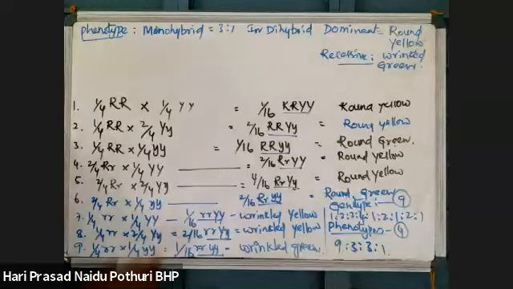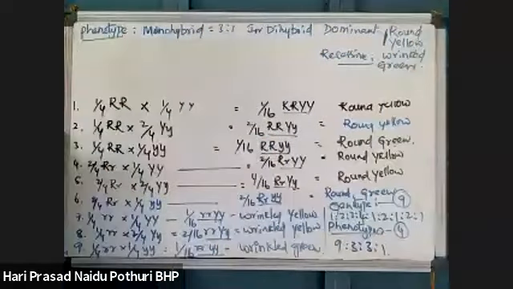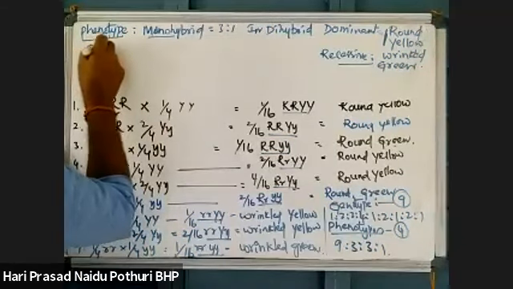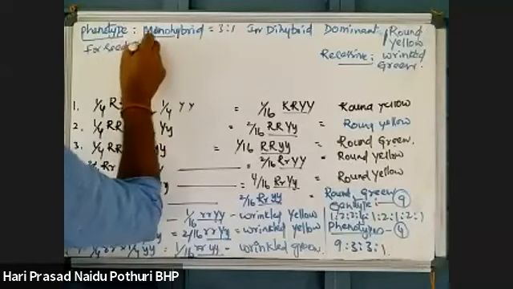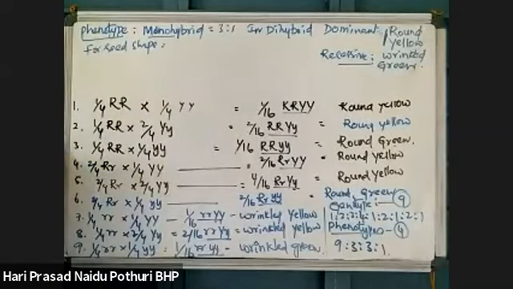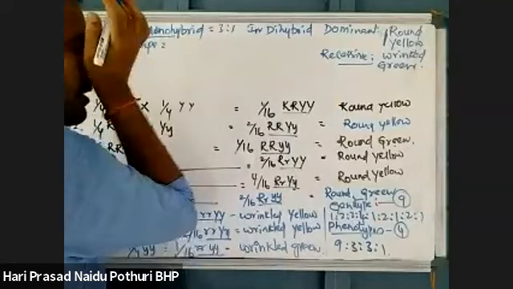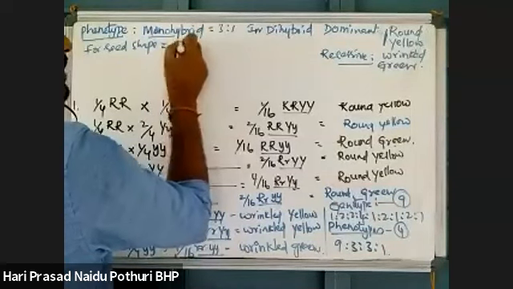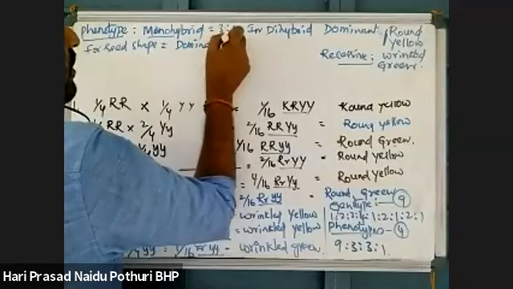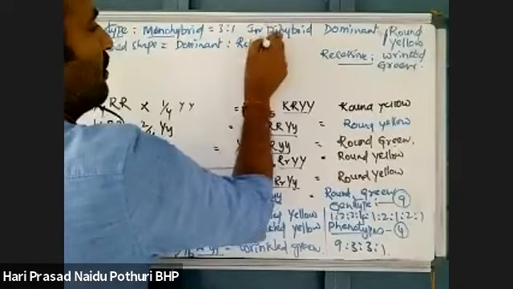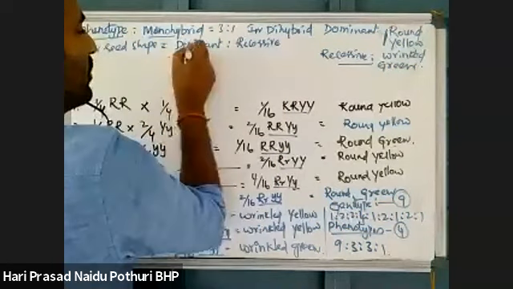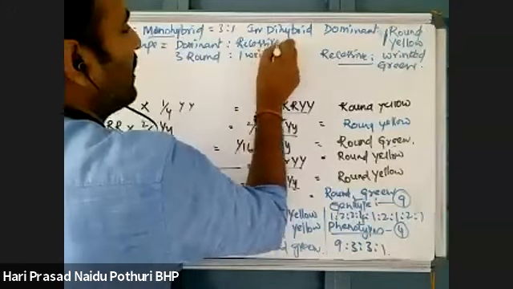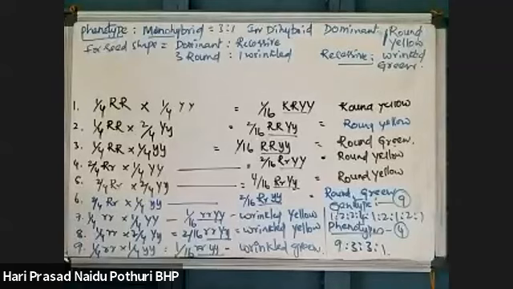If we conduct the monohybrid cross for this round yellow, then the ratios will be what? For seed shape, what is dominant and recessive in a monohybrid cross? 3 round and 1 wrinkled will come if we conduct a monohybrid cross for seed shape.